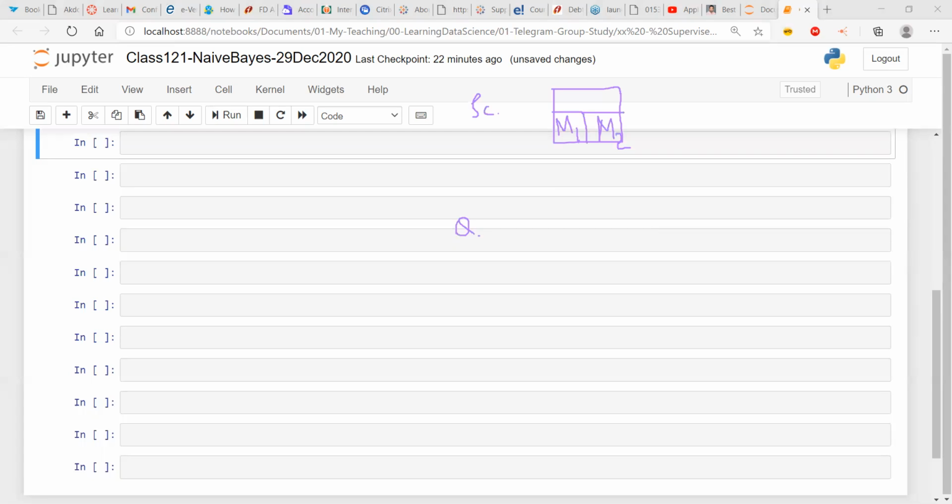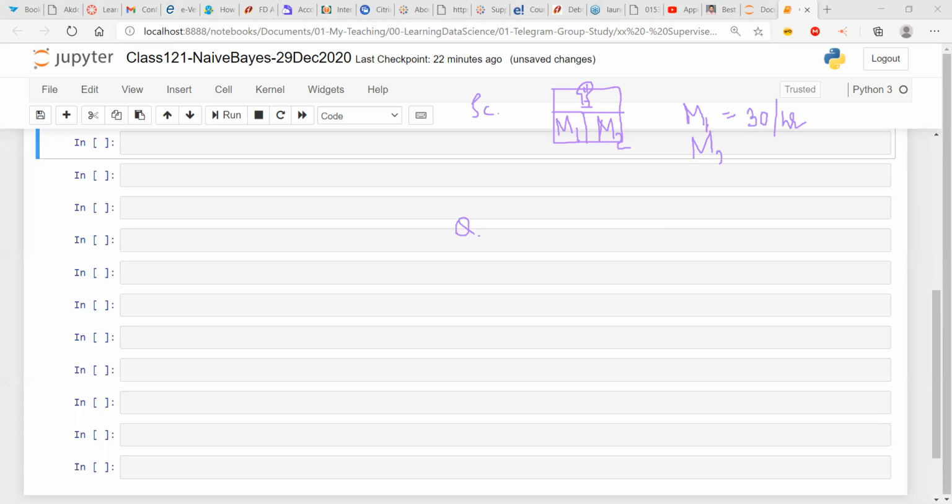Now I am using this factory of mine to produce light bulbs, and what I'm seeing is this machine M1 can produce, let's say, on an average 30 bulbs per hour. So per hour I'm able to produce 30 bulbs.